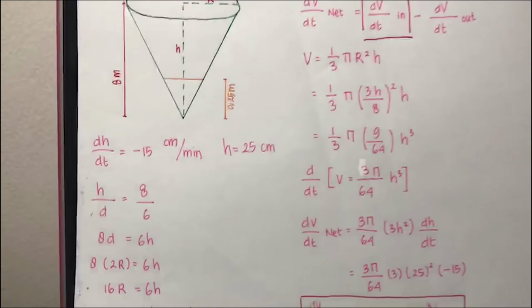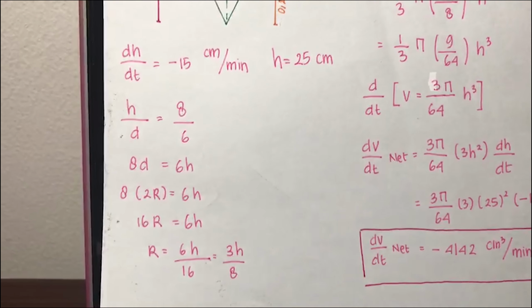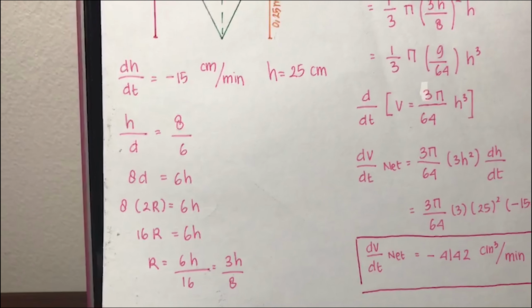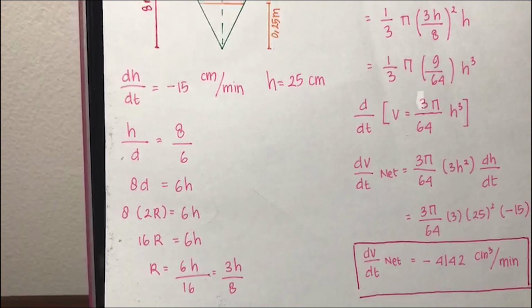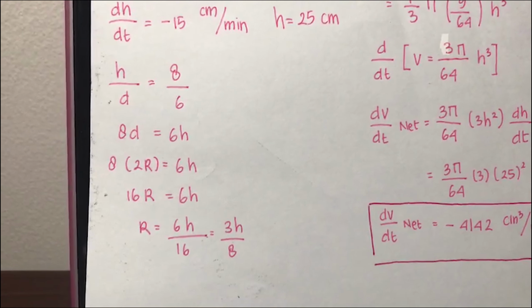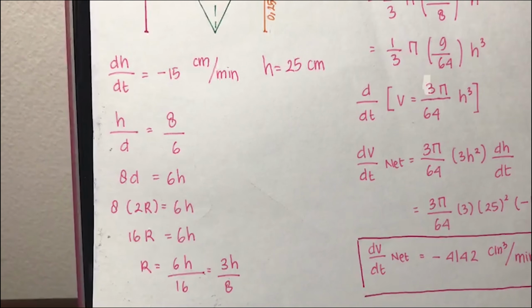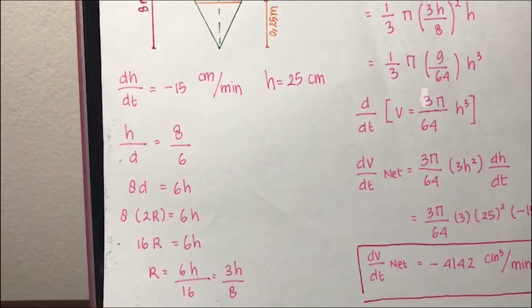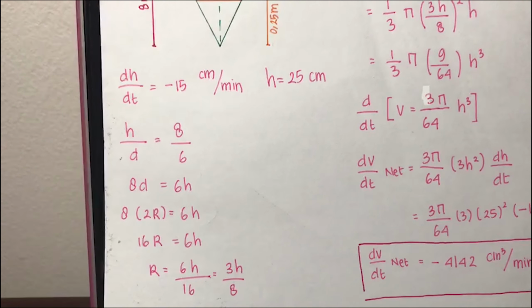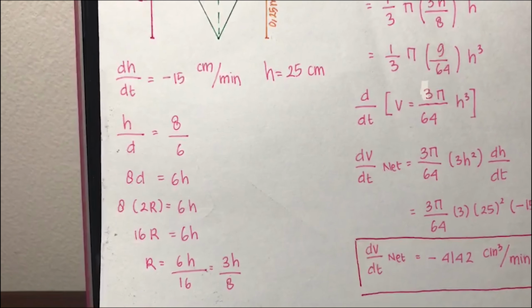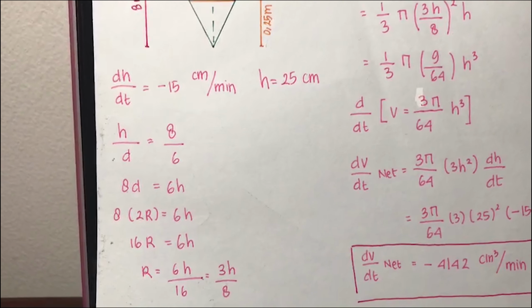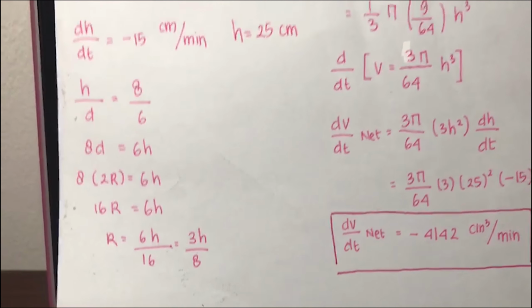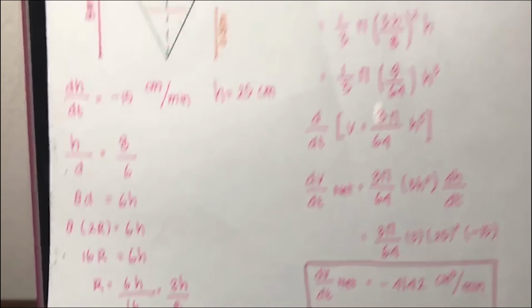How? This is how. We can use ratio: h over d is equal to 8 over 6. Then we will have 8 times d is equal to 6h, and we can substitute the d with 2r, and then we will find r is equal to 3h over 8.